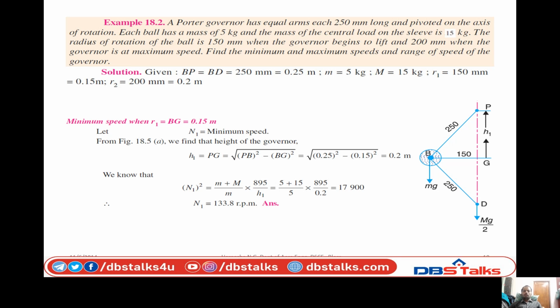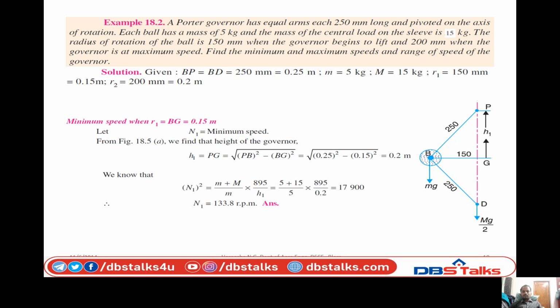Then mass of ball, small m, is equal to 5 kg, capital M is equal to 15 kg. Then the radius of rotation of the ball, R, is equal to 150. Next, the governor begins to lift to 200 when the governor is at maximum speed.